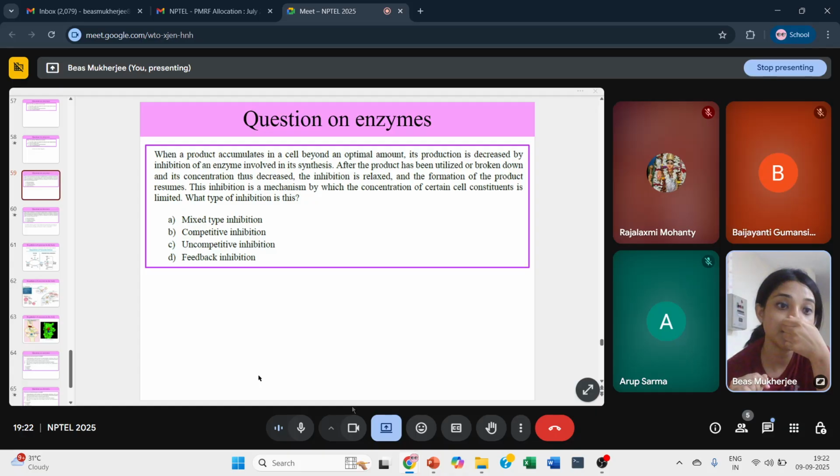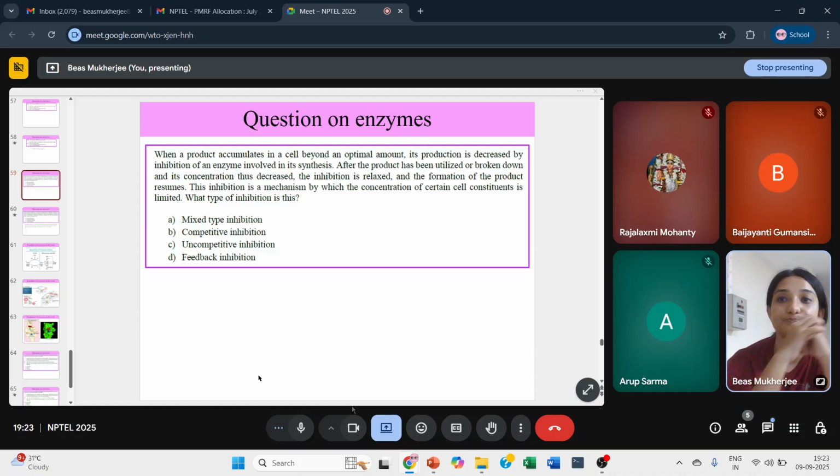After the product has been utilized or broken down and its concentration is decreased, the inhibition is relaxed and the formation of the product resumes. This inhibition is a mechanism by which the concentration of certain cell constituents is limited. What type of inhibition is this? A. Mixed inhibition. B. Uncompetitive. C. Competitive. And D. Feedback inhibition.